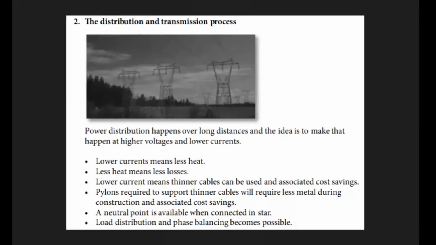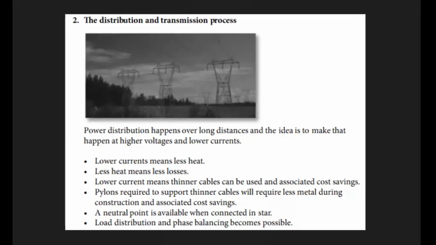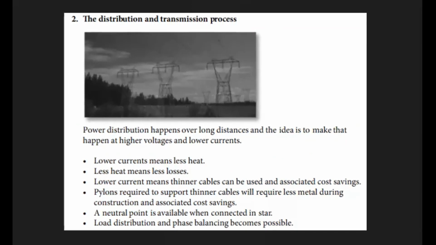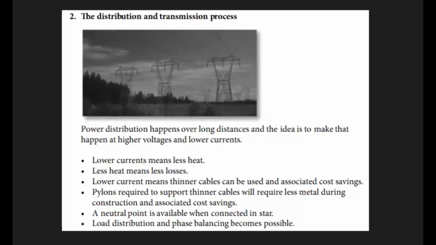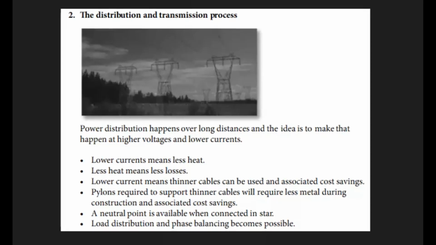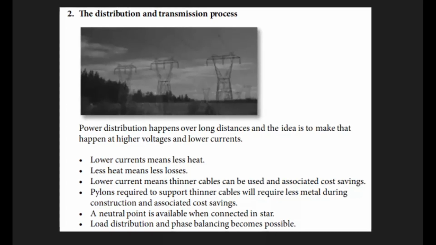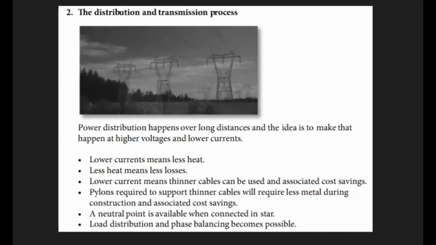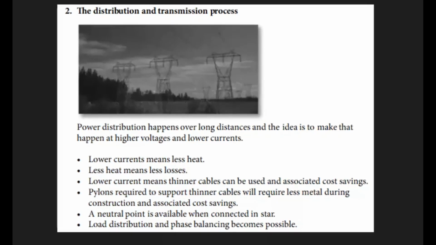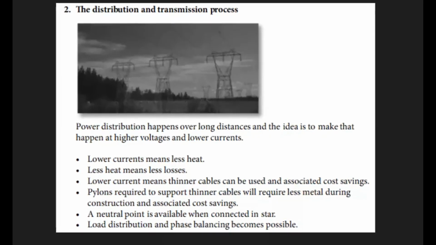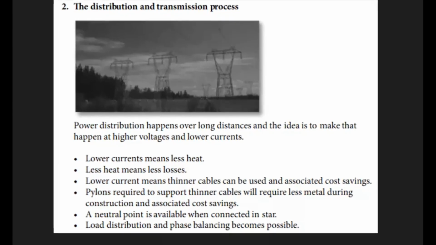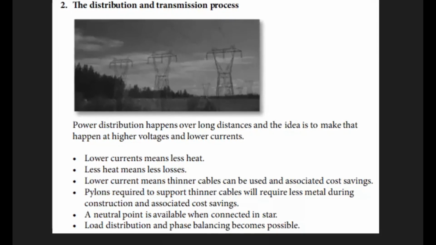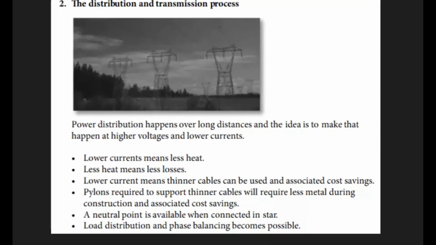Right, the distribution and transmission process. Power distribution happens over long distances, and so the voltage is stepped up very high to be transmitted over long distances. The idea is to make that happen at high voltages and low currents. Lower currents means less heat.